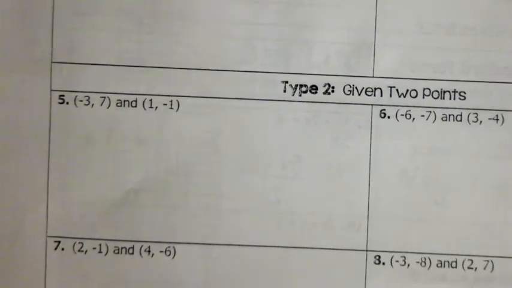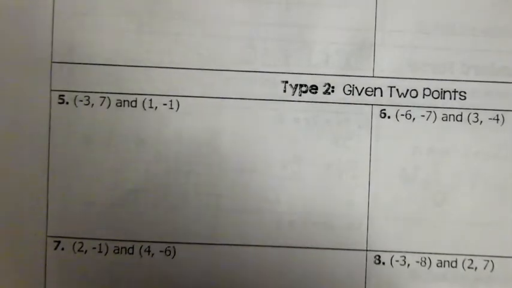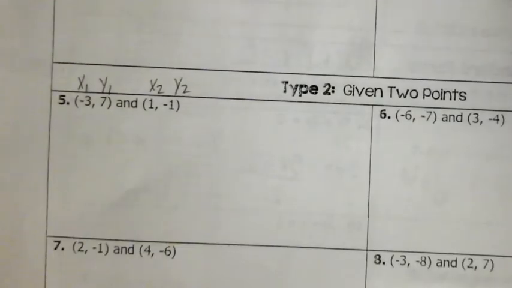What we need to do is find the equation, but we're not given the slope. We're just given 2 points. So we can name these x1, y1, x2, y2, plug it into our equation up above, solve for slope, and then plug it back in.